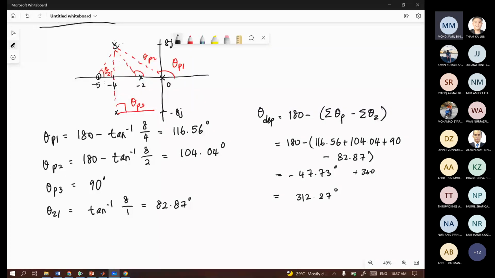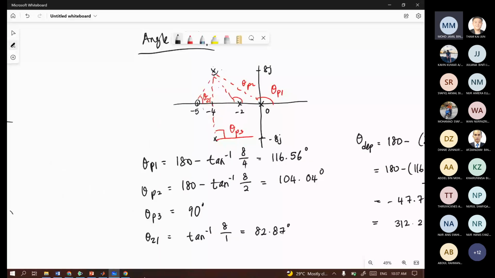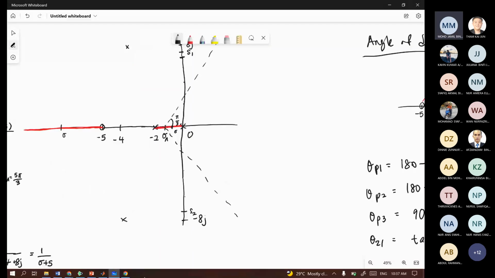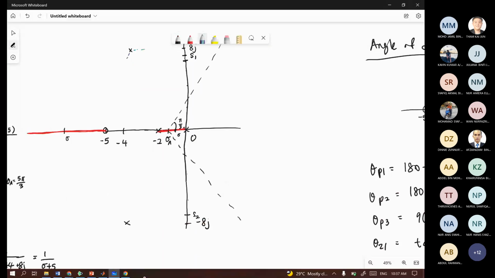If you sketch this angle on the S-plane, the angle should be here, theta.